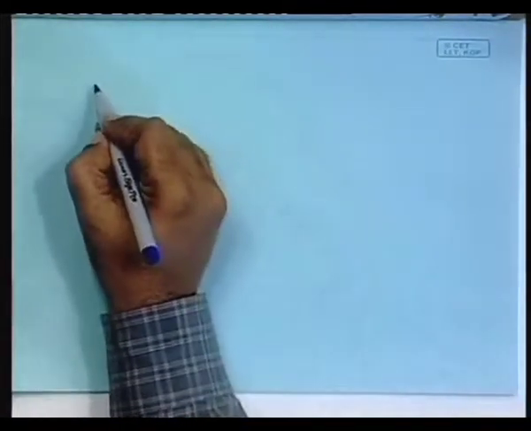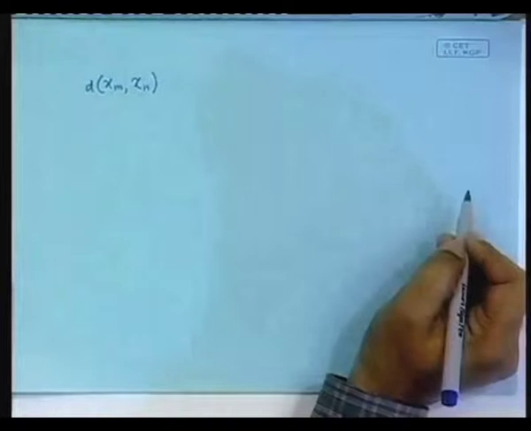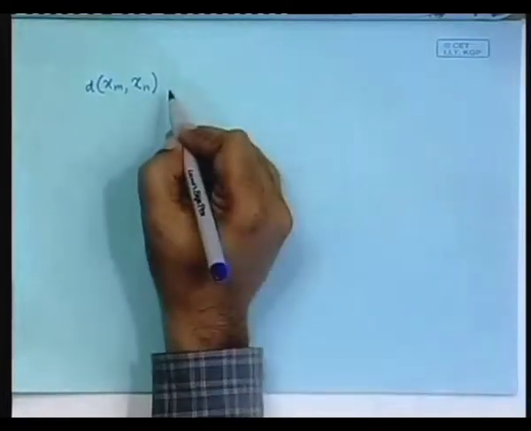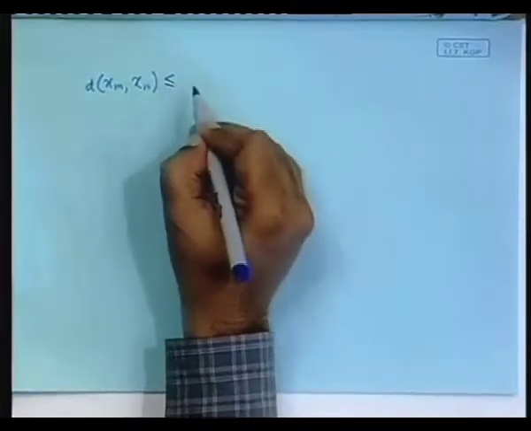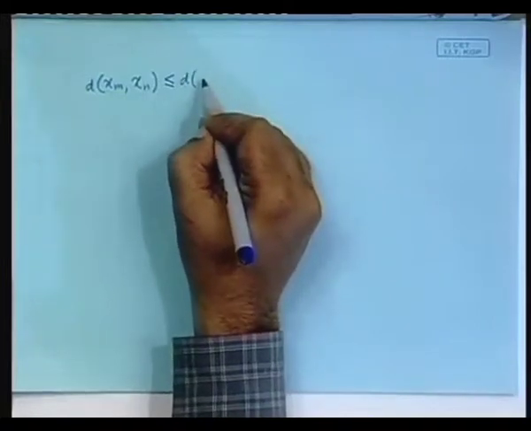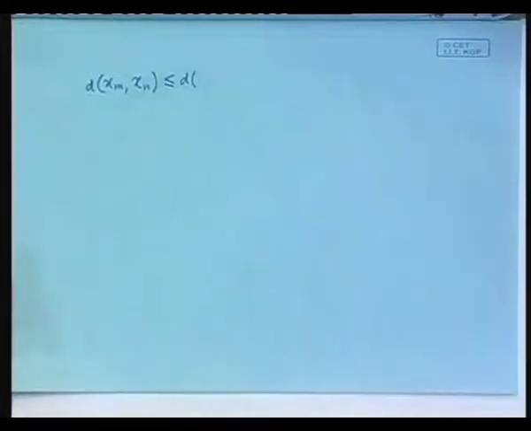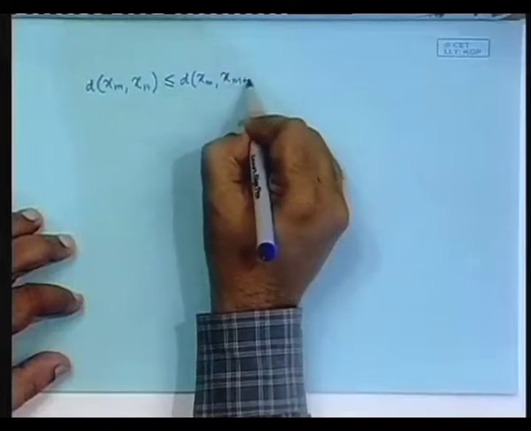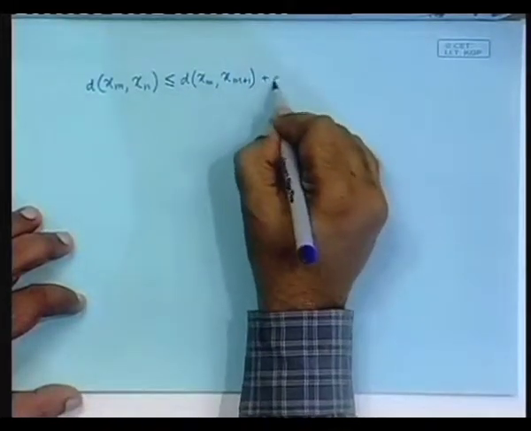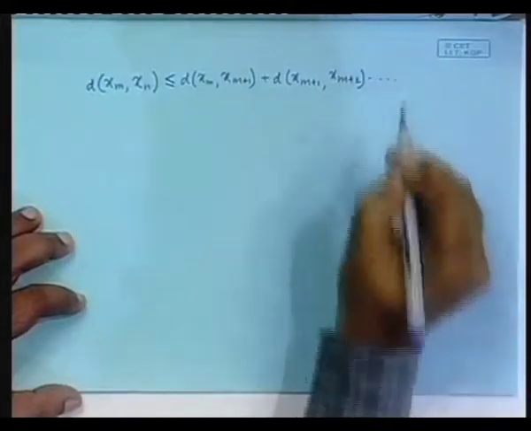So, we are interested in the distance between x m and x n. This will definitely be less than or equal to, not because of the contractive property, but because of the triangle inequality. Remember the triangle inequality? We can write that d of x m and x m plus 1, plus d of x m plus 1 and x m plus 2, and so on and so forth.